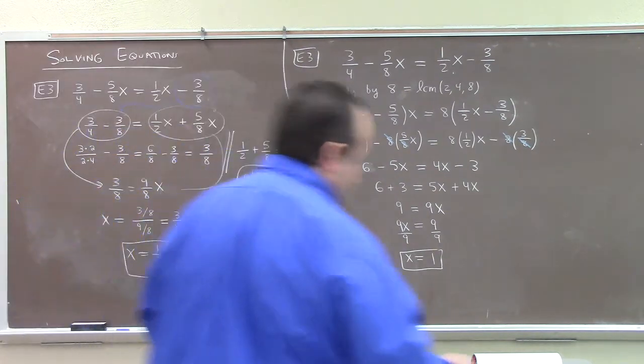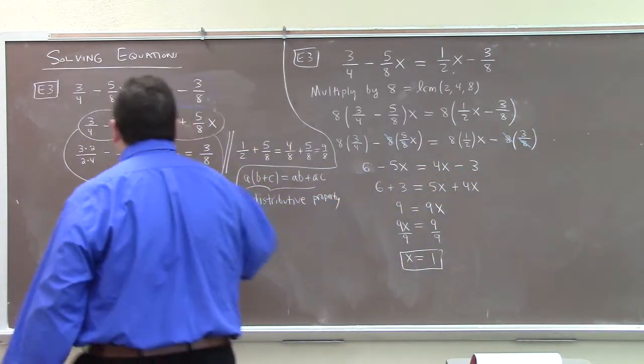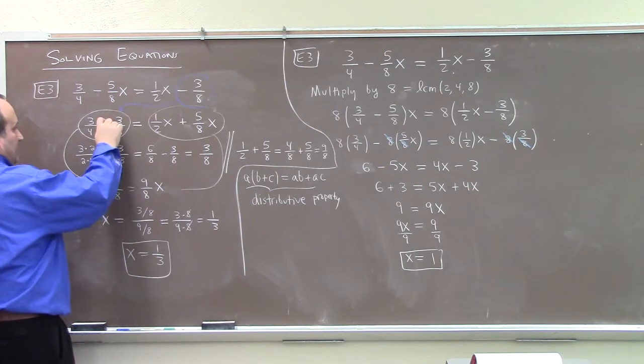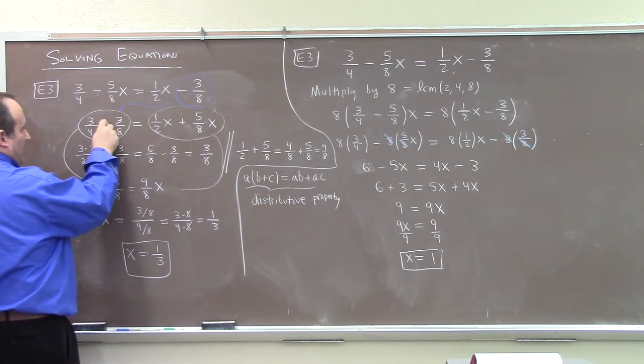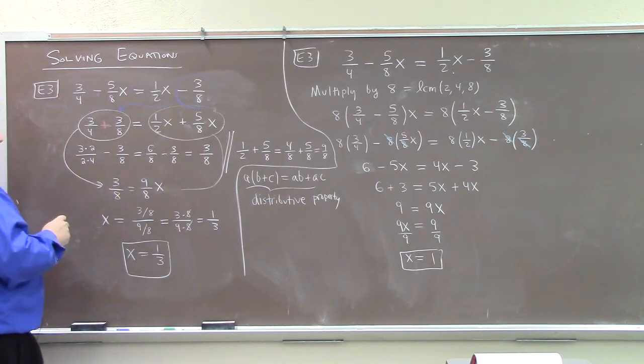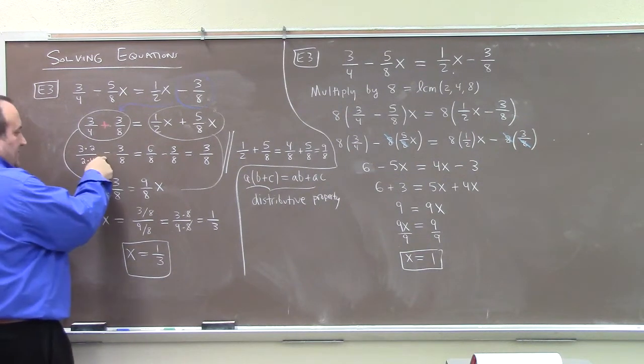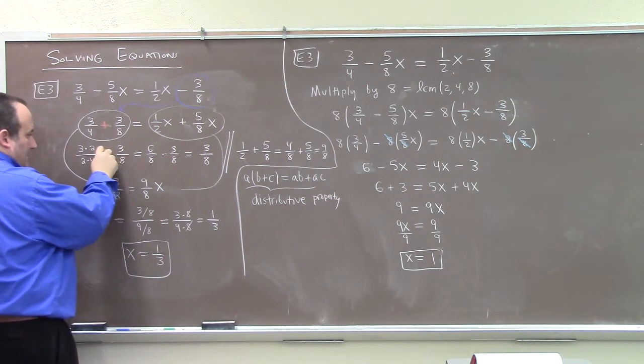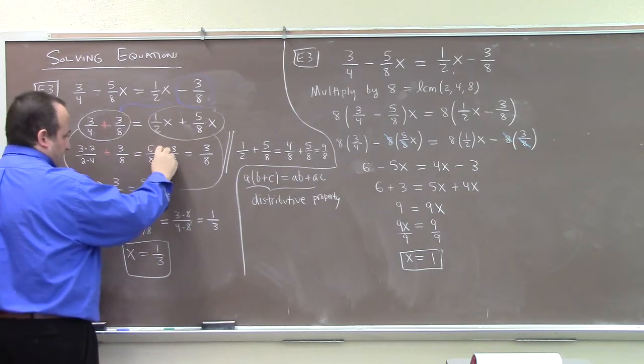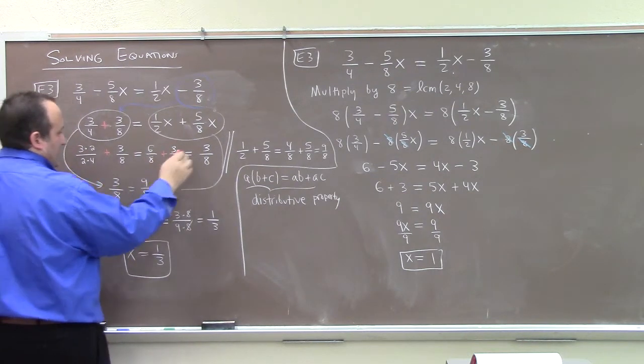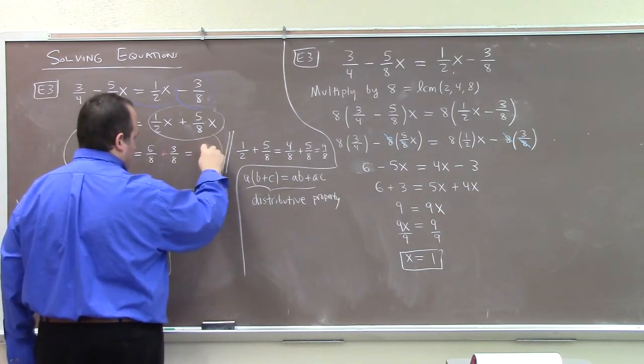Let's see here. So this should have been a plus, right? Which would have made this a plus, and this would be a plus. 6 plus 3 is 9.